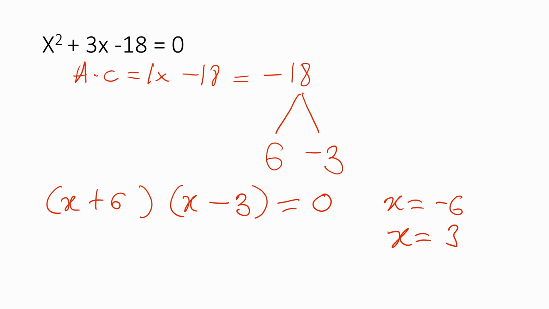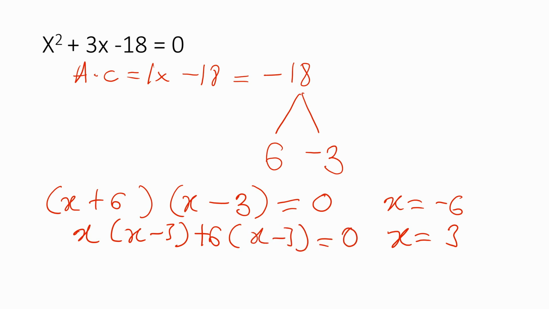Now, having our equation in the factorized form, again, we can expand the brackets to see if we'll get our initial equation of x squared plus 3x minus 18 equals 0. So to do that, we use the FOIL method. So x multiplies x minus 3, and then positive 6 or plus 6 multiplies x minus 3. Again, all equals 0.